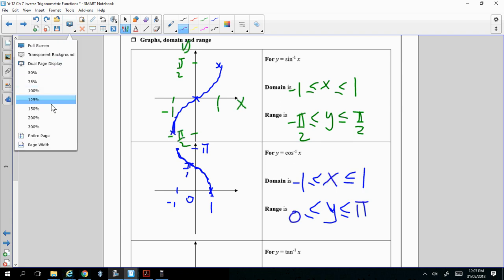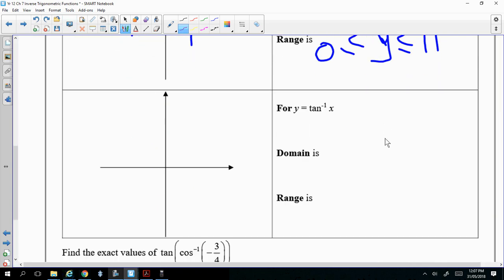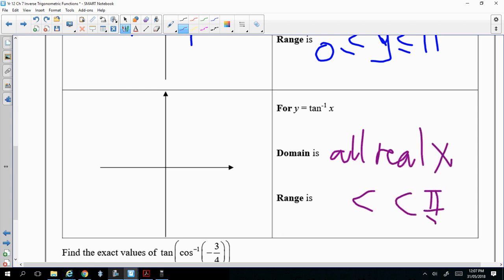Okay, tan inverse is all real x, and then range is between π/2 and -π/2, but not equal to π/2. So there are two asymptotes, π/2 and -π/2.